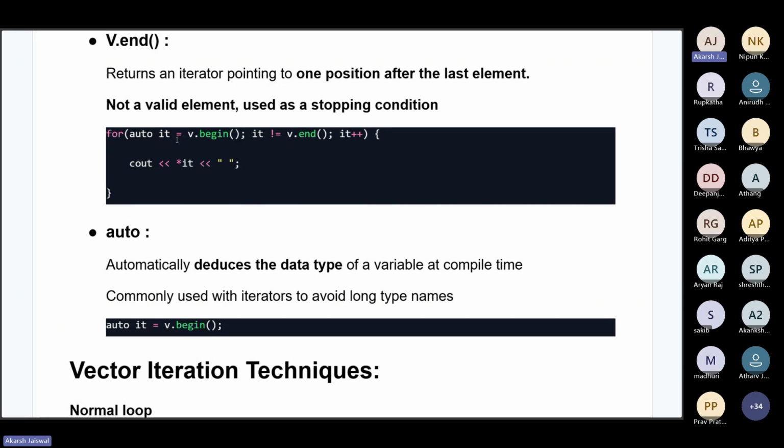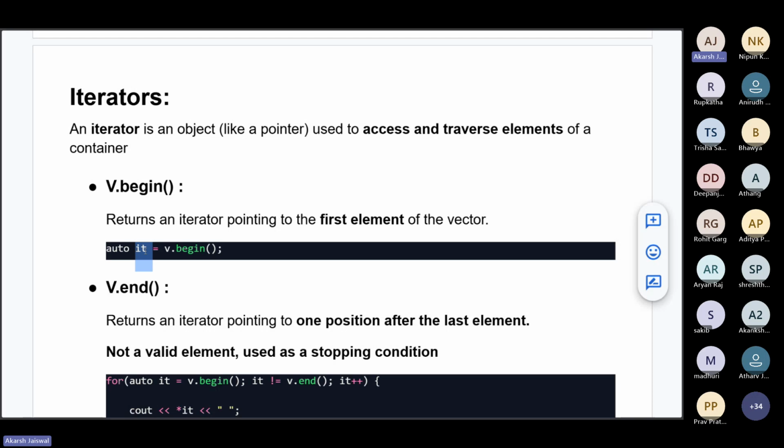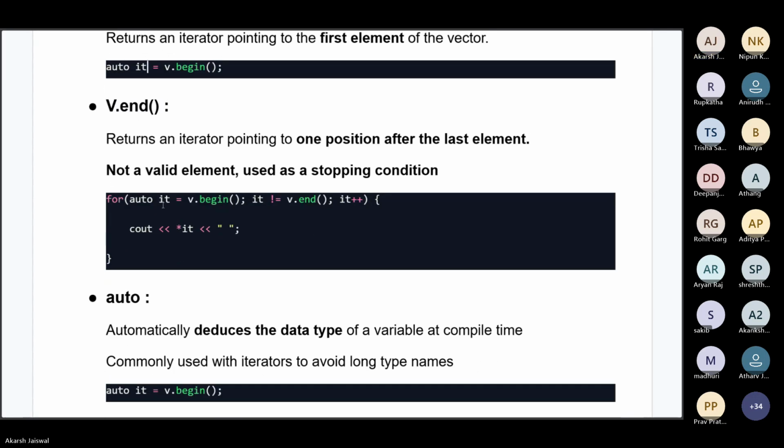So instead of writing that, we just write auto. For some of you, writing auto on your systems may give an error, since it is often riddled with some errors with the compiler for some systems. So be careful when you use it. So here we are using auto it = v.begin(). So it becomes the specific data type which is suitable for pointers. We can also access the array like this: auto it = v.begin(); while it is not equal to v.end(); it++.